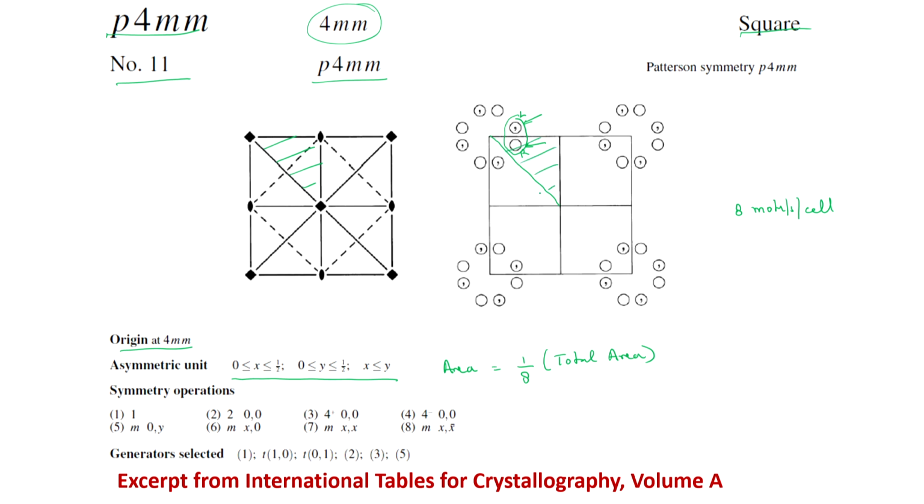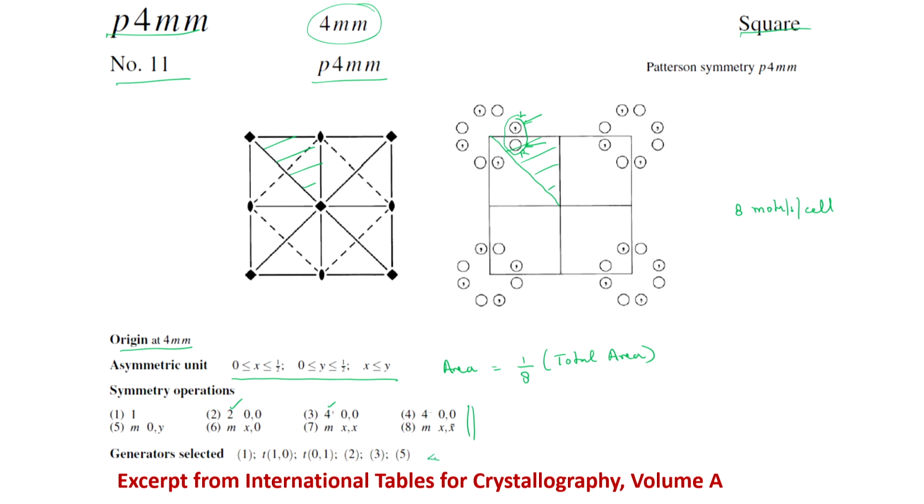So, all it is telling me is that if I have only one motif in this asymmetric unit, the rest of the symmetry operations, the rotation axis and the translation axis will create the whole pattern. This one is a set of symmetry operations. Now, number of symmetry operations have gone up. I have now mirror planes and glide planes and many other things that are going on, but here as you can see, we have only written down the mirrors. I have the 2 folds and the 4 folds.